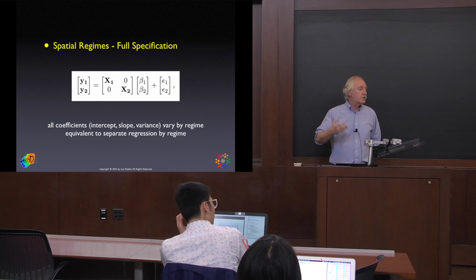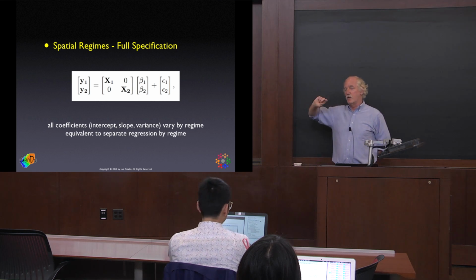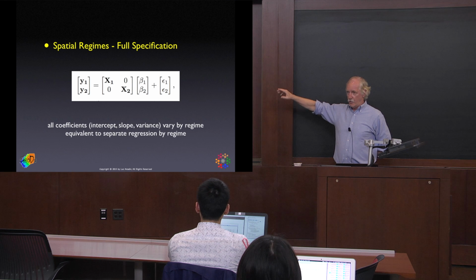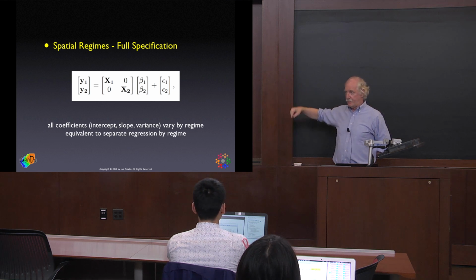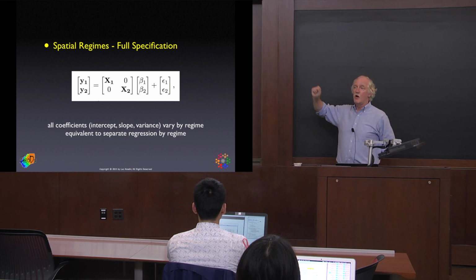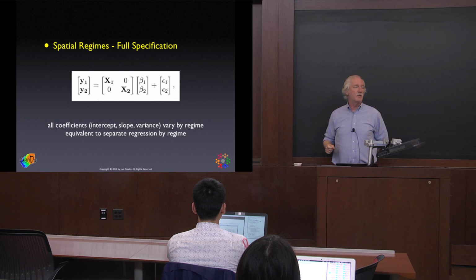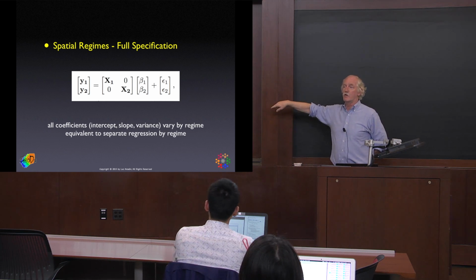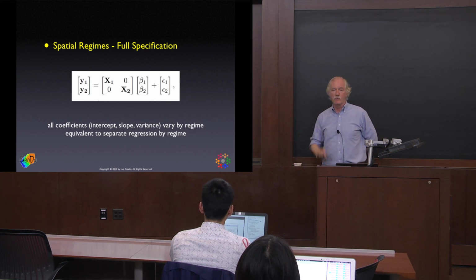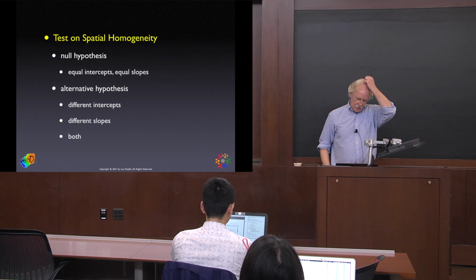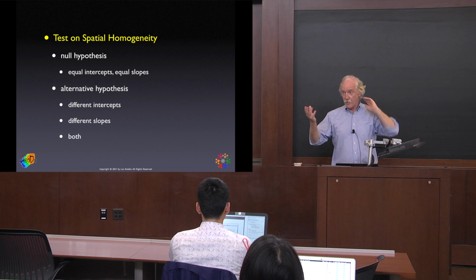And if there is no connection between the two sets, in other words, if none of the variables on the right-hand side pertain to the other region, as they might in an SLX model, or none of the error terms are correlated across regimes, then there is absolutely nothing gained by expressing it like this rather than running two separate regressions, one for y1, one for y2. We're done, right?